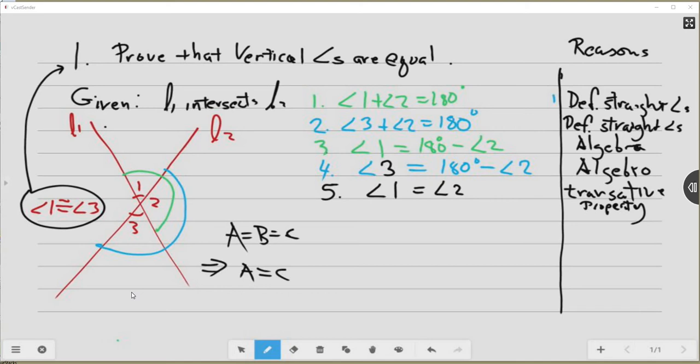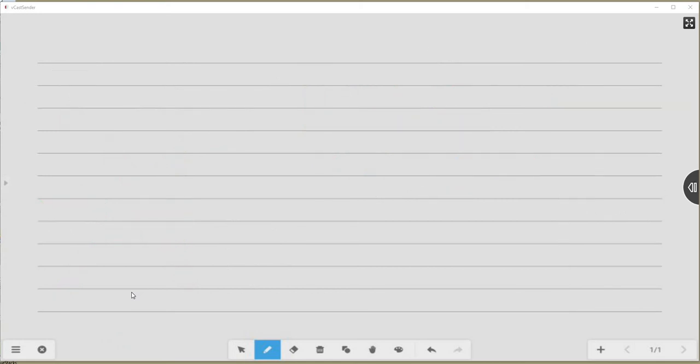Let's go to the second problem. I'm trying to finish by reading about this subject. I'm not covering it again, but I think we can get it done in short order. Okay, number 2.